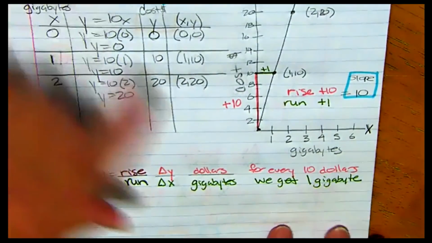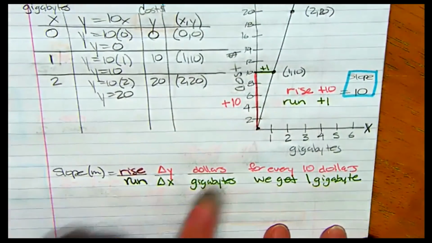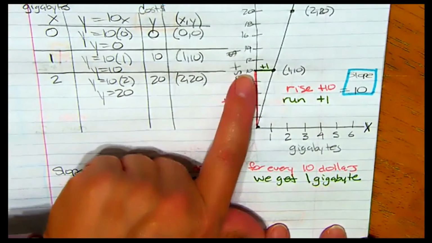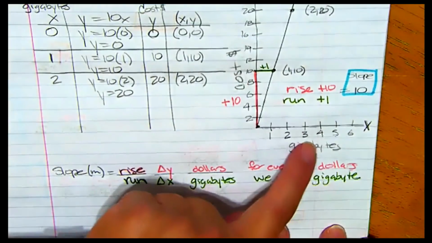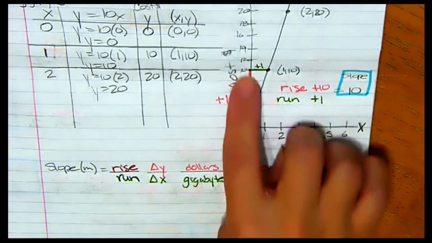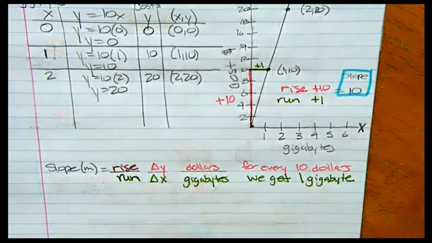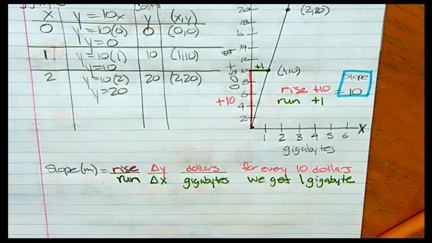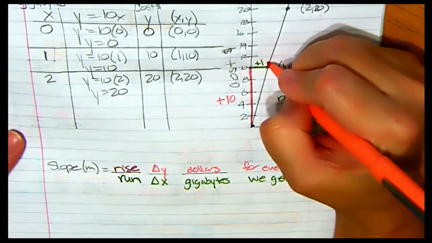So what this means is rise over run: rise $10, run 1 gigabyte. For every $10, we get 1 gigabyte. And that is the same case here as well. We are going up.